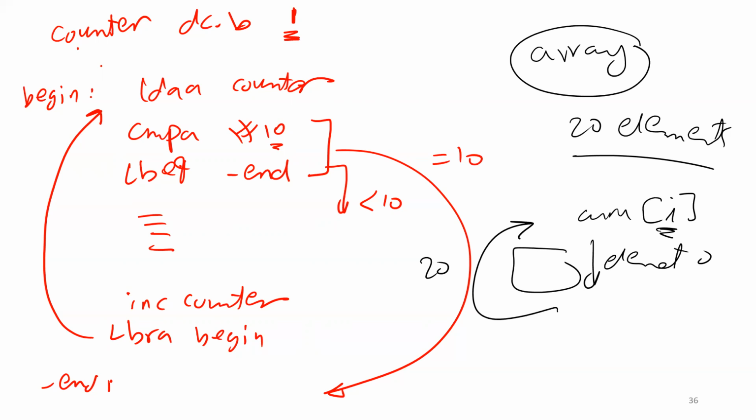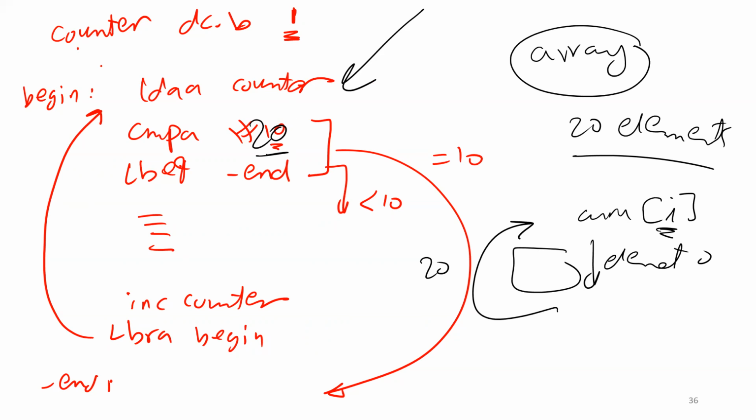Here in assembly, if I have the same situation, what can I do? Number one, you can do the same thing. If I have an array with 20 elements, I'm going to make a for loop like this one here, and put 20 in order to loop 20 times. However, listen to me.